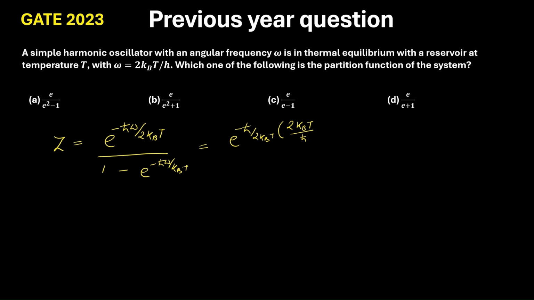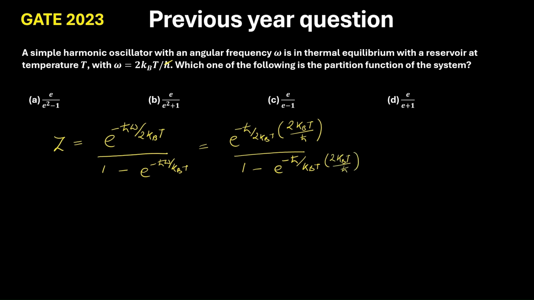Here h bar should be there, yes. Now 1 minus e to the power minus h bar omega, so it will be h bar by kBT into 2 kBT by h bar.